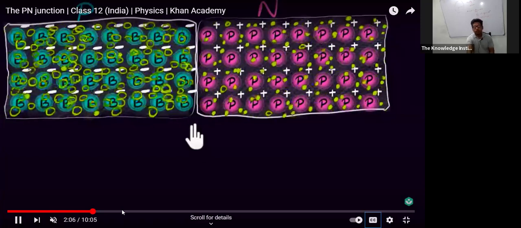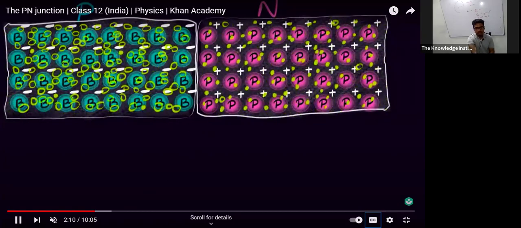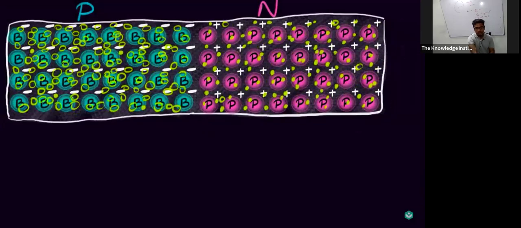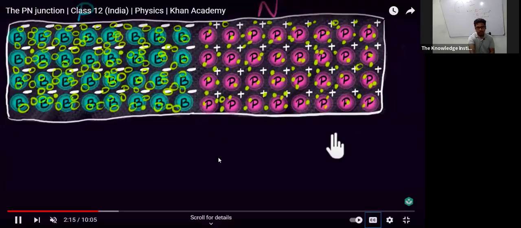Okay, still the two materials are not connected. Now let's see what happens when we connect these two types of semiconductors. So we know the diffusion will occur, right? You can see shortly the diffusion will take place.